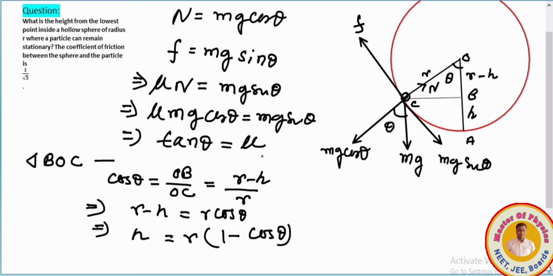We have already got tan theta equals mu. This is equation 1. From this equation we have to find cos theta.